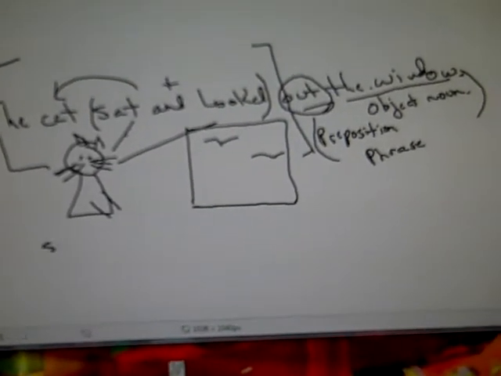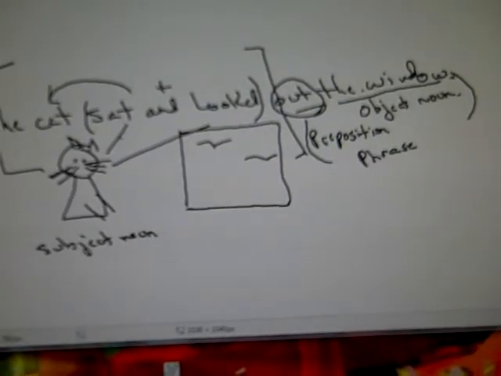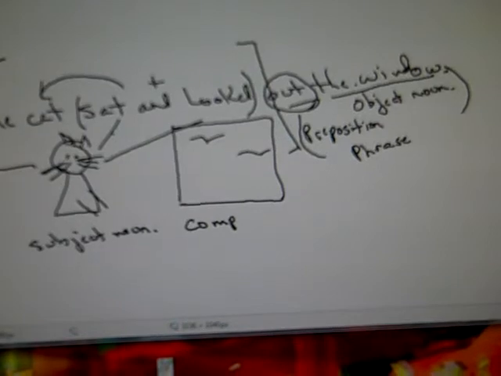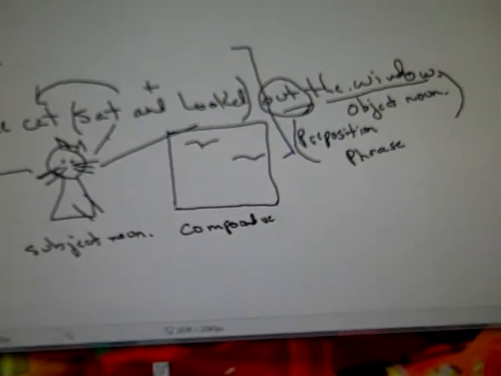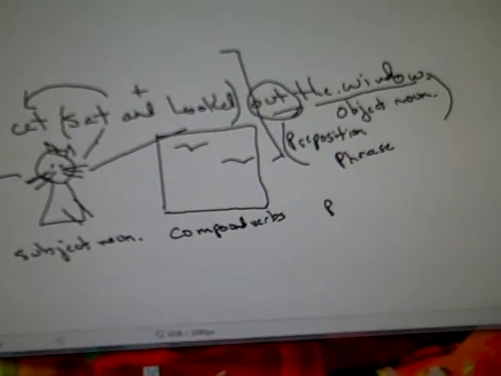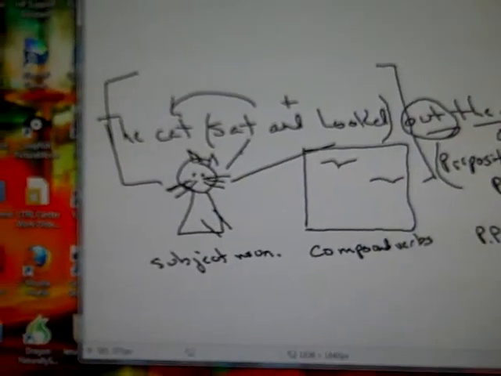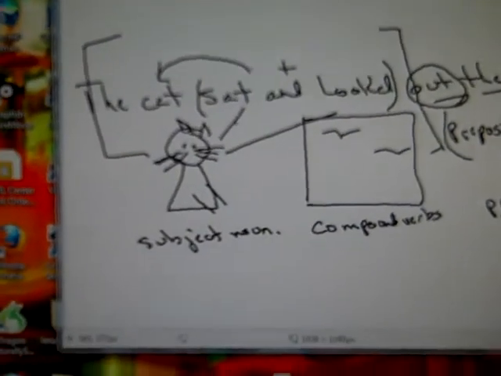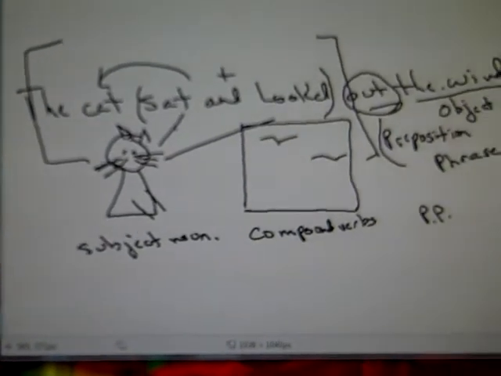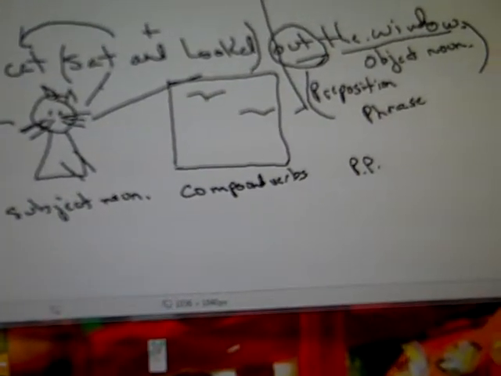So we have a subject noun, compound verbs, and a PP, prepositional phrase. Okay, the glass fell and broke.